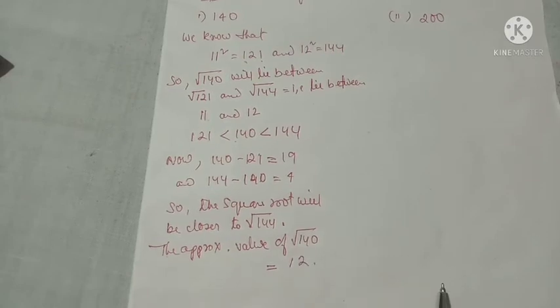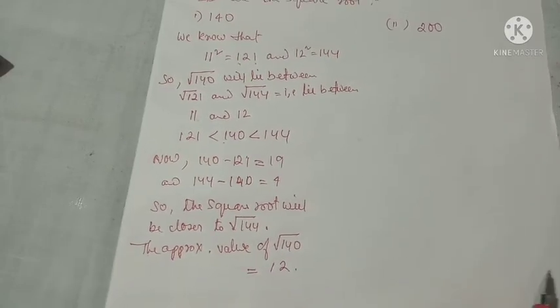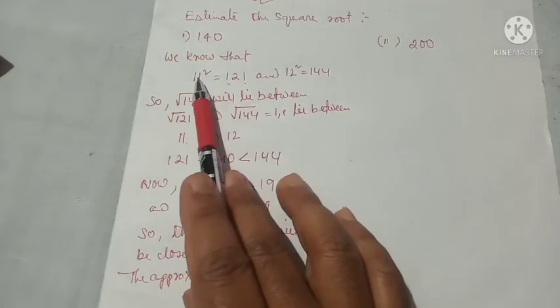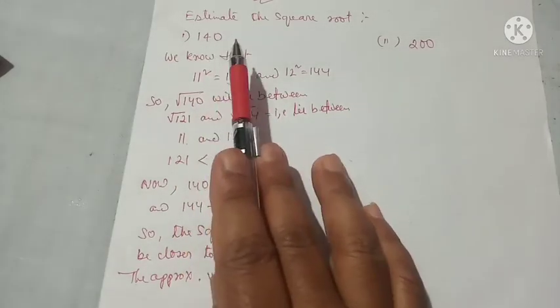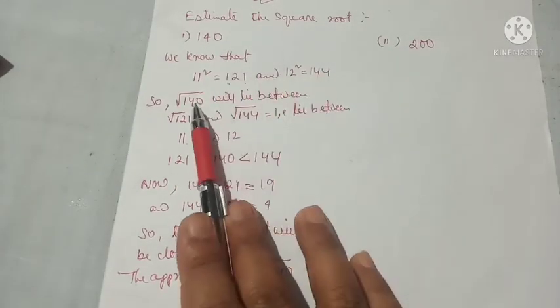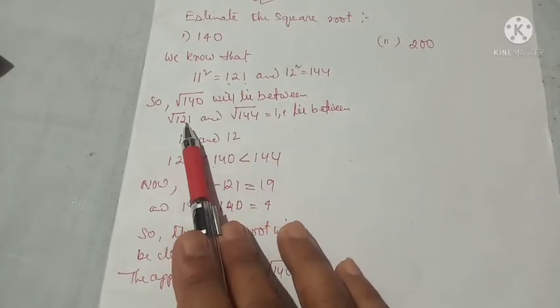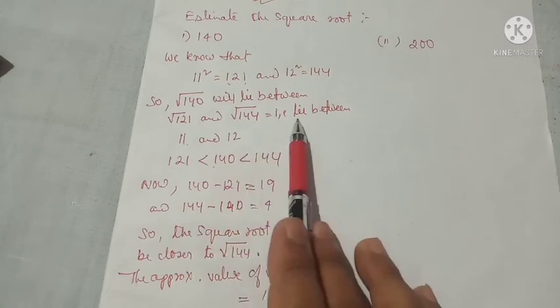In this way we can find out the estimating square root of the given number, that is 140. First we have to find out in which square numbers 140 lies. 140 lies between the square root of 121 and the square root of 144, that is, between 11 and 12.